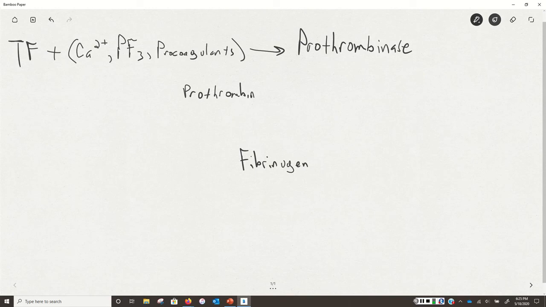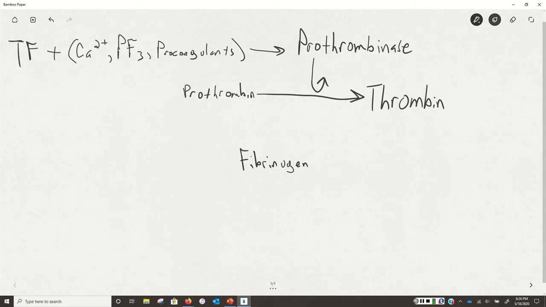Well, it starts to build up locally where that damage was, because the tissue factor is only being released locally. As the tissue factor builds up locally, it creates prothrombinase, which is now building up locally. And as the prothrombin passes by in the bloodstream, some of it is grabbed by the prothrombinase, and the prothrombinase converts prothrombin into something called thrombin.